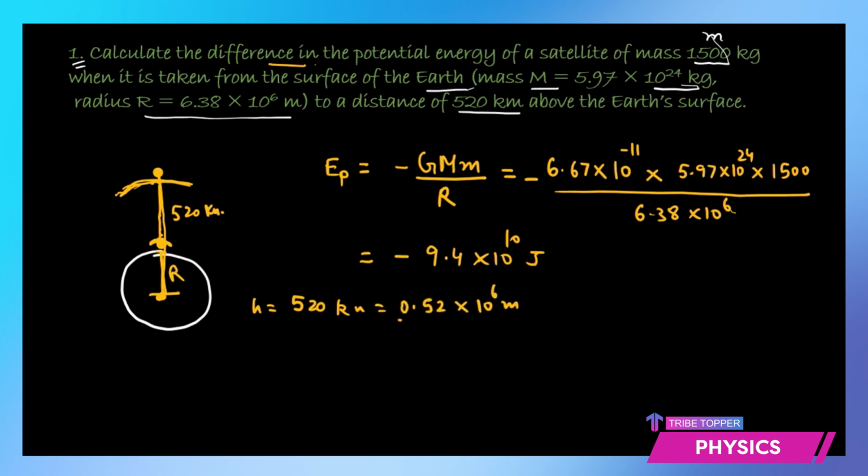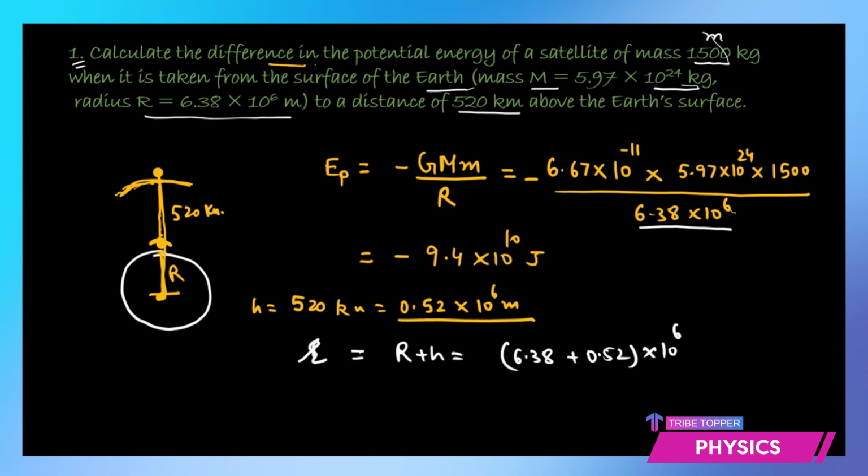So we'll add this distance and our new distance becomes the radius of Earth plus h, so it's 6.38 plus 0.52 into 10 to the power of 6. That becomes 6.90 into 10 to the power of 6.